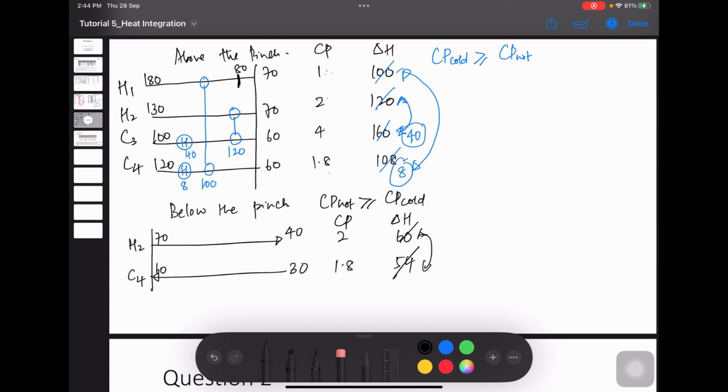So this stream is left with 6 kilowatt. So I'm going to exchange 54 kilowatt. Now your H2 stream still has 6 kilowatt, and the hot stream needs to be cooled down, so I need a cooler here with 6 kilowatt to achieve my target temperature. So this is how we are going to perform the heat integration.